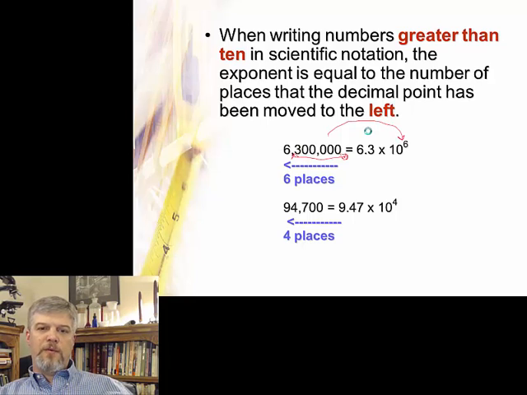Same with 94,700 here. Now I do want you to notice that all of these zeros disappeared in the scientific notation. If you know your significant figure rules from the prior lesson, you know that these zeros are placeholding zeros, that there's no decimal written there, and therefore they are not significant.